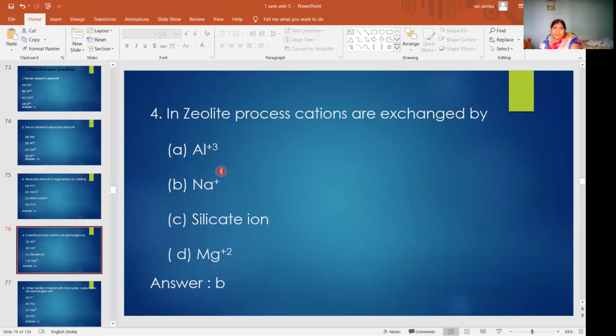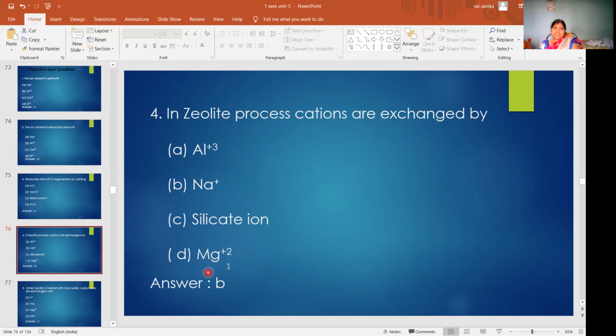If you don't know which ions are exchanged with what, you can't answer. So in the zeolite process, cations, meaning Ca2+ and Mg2+ ions, are exchanged by A Al3+ ions, B Na+ ions, C silicate ion, D Mg2+ ions.